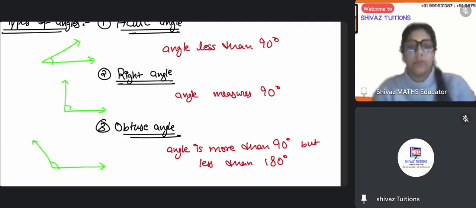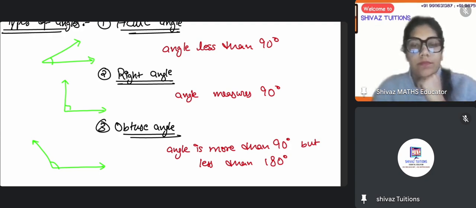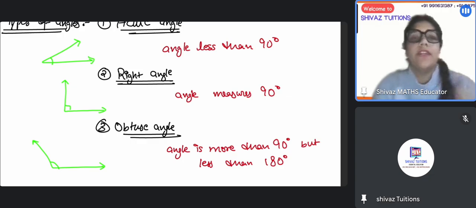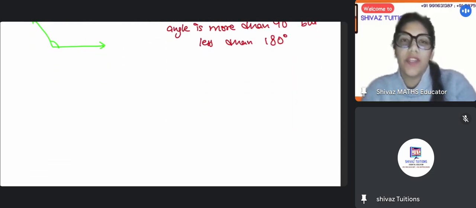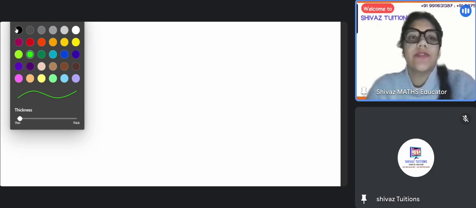An angle over 180 degrees is called a reflex angle, and an angle which is 180 degrees is a straight angle. Very good. After that, let us understand the fourth one. Now the fourth one is a straight angle.